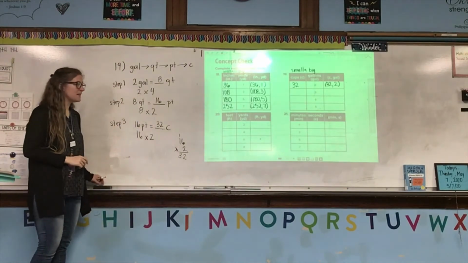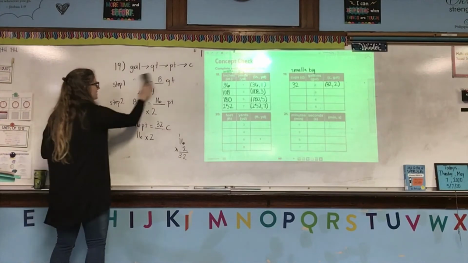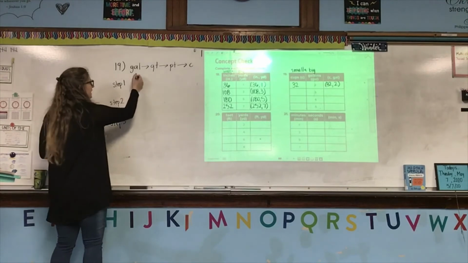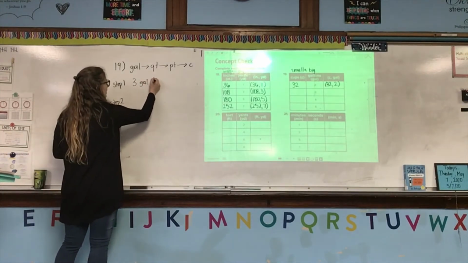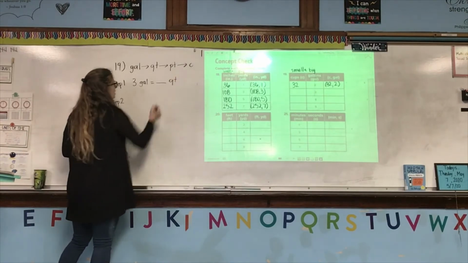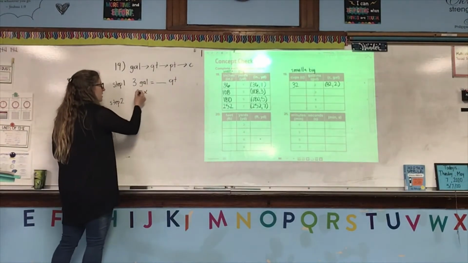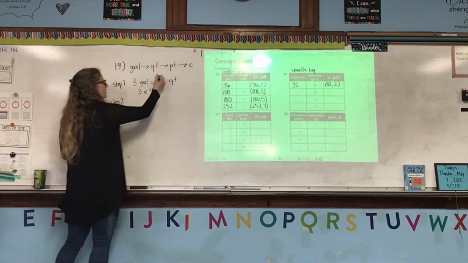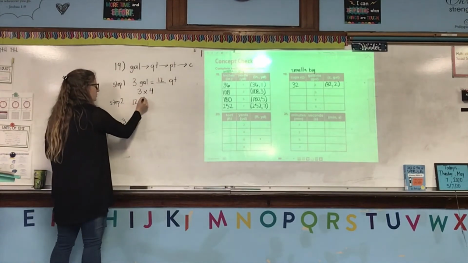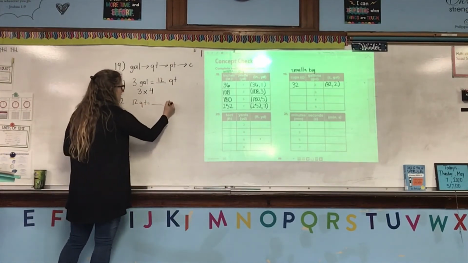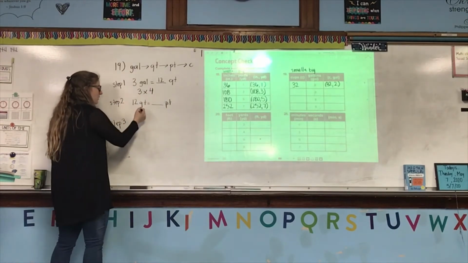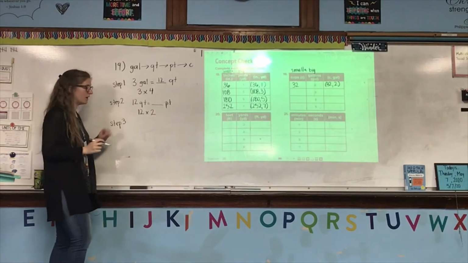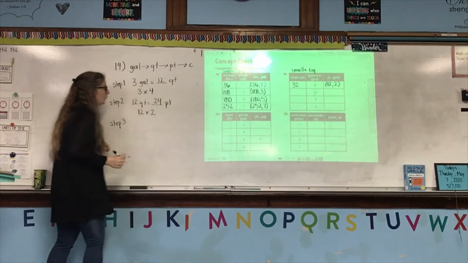Okay, so now we have to do the same thing again, this time with 3 gallons. So I'm going to start over with step 1, which means I know I have 3 gallons, and I'm trying to figure out how many quarts are in 3 gallons. I'm multiplying 3 gallons by the number of quarts in a gallon. 3 times 4 is 12. So now I have 12 quarts. And step 2 is to figure out how many pints that is. I take my 12 quarts and multiply it by the number of pints in a quart, which is 2. 12 times 2 is 24.